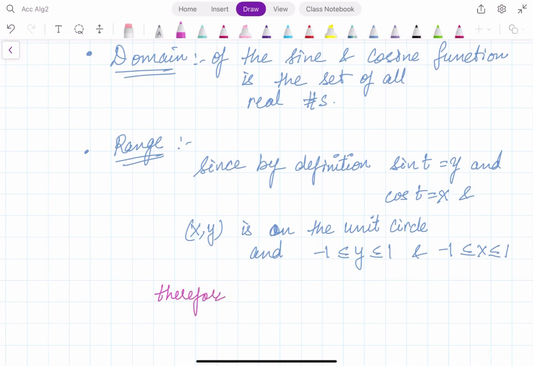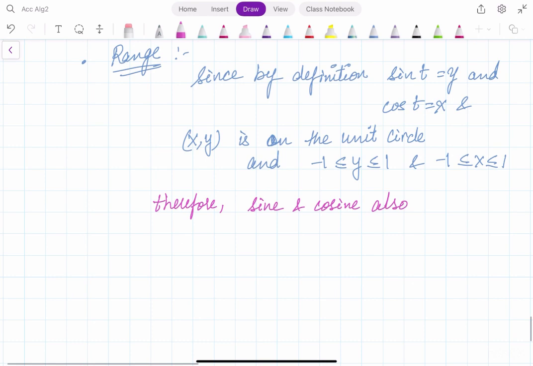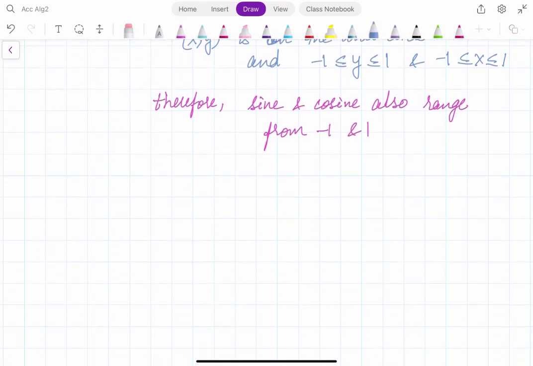It is just like a spring. It keeps on going up to 1, going back to -1. It keeps on jumping back and forth. So that is why sine and cosine also range from -1 to 1.